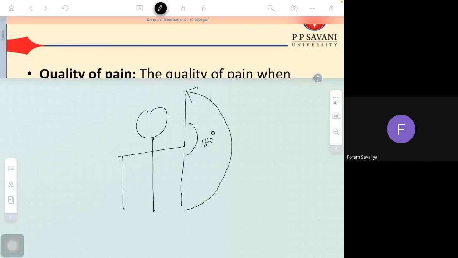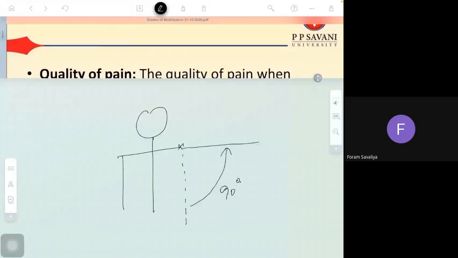You know the normal range of motion. Clear? Suppose the patient's range of motion is limited to 90 degrees. This limitation of range of motion from here to here is the available range of motion.